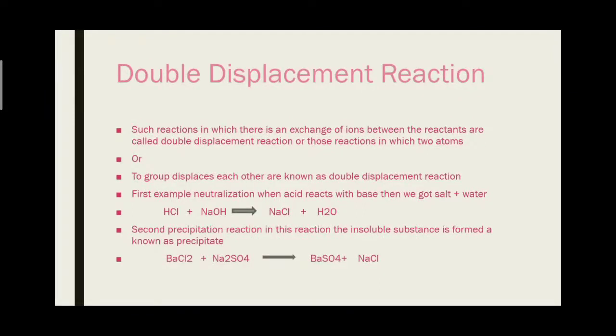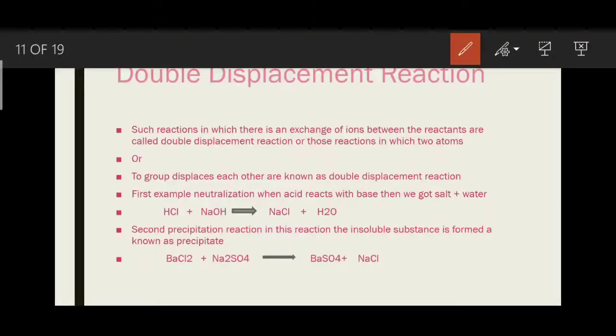Now such reactions in which there is an exchange of ions between the reactants are called double displacement reaction, or those reactions in which two atoms or two groups displace each other are known as double displacement reaction. Please study it differently. This sentence is connected.